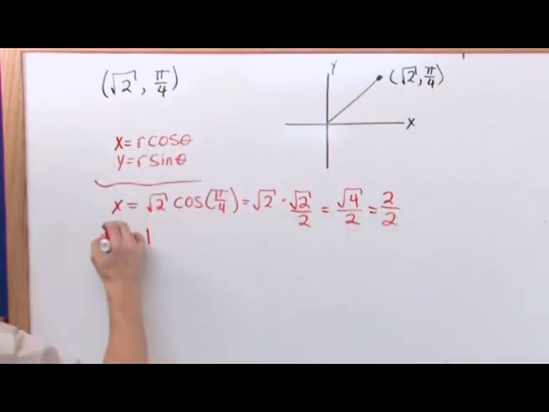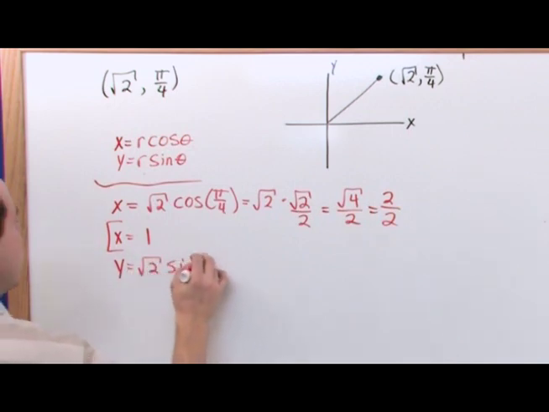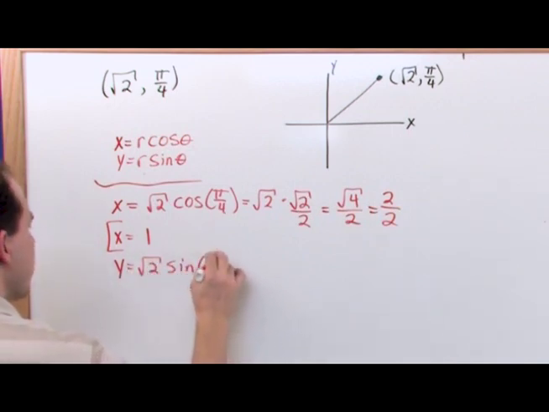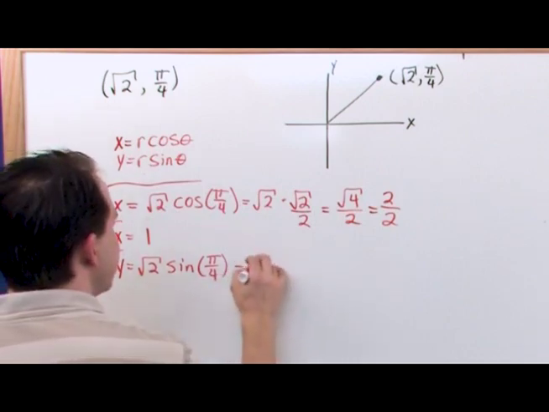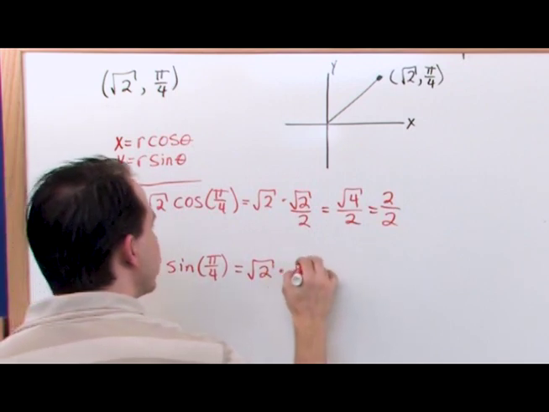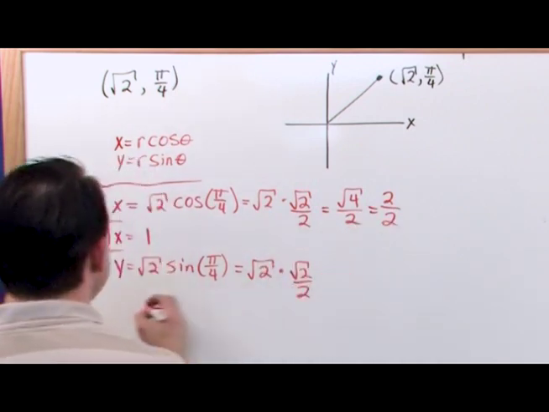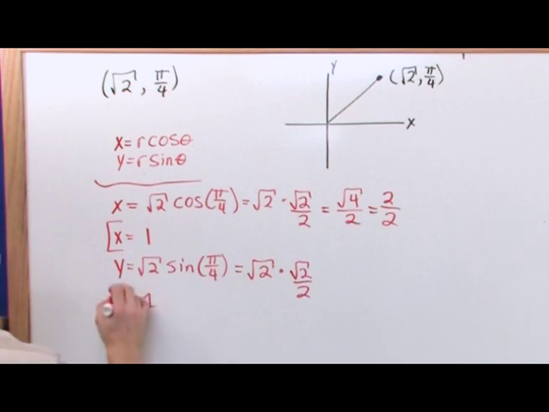So obviously x is going to be equal to 1. That's the x value. And y is going to equal square root of 2 times the sine of the angle, which is pi over 4. In this case, it's going to give you exactly the same thing. Square root of 2 times sine of pi over 4 is also square root of 2 over 2, so y is also equal to 1.